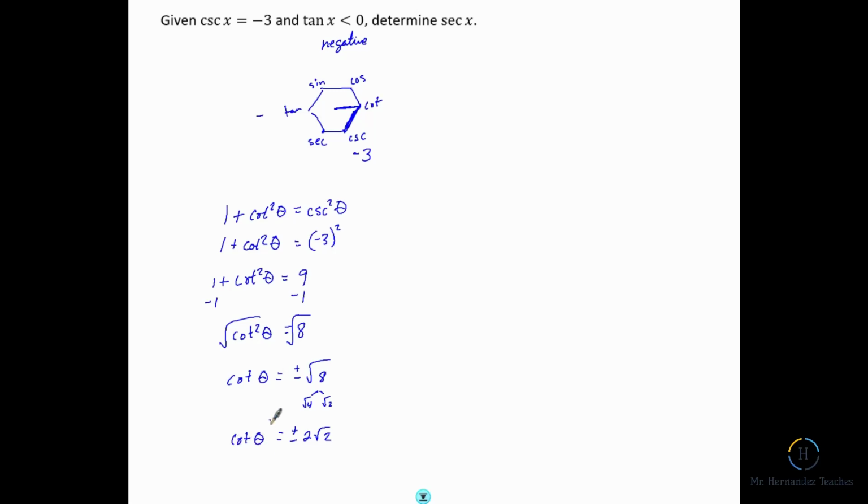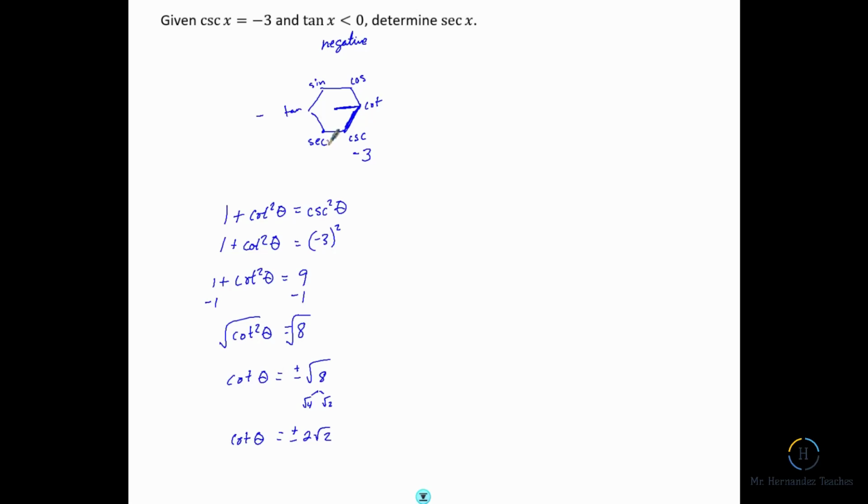Well, why did we go into all of this process to find cotangent? Why did I do everything to find cotangent if what we needed was secant? Maybe there's an easier way to get to this, but this is what I'm thinking about.